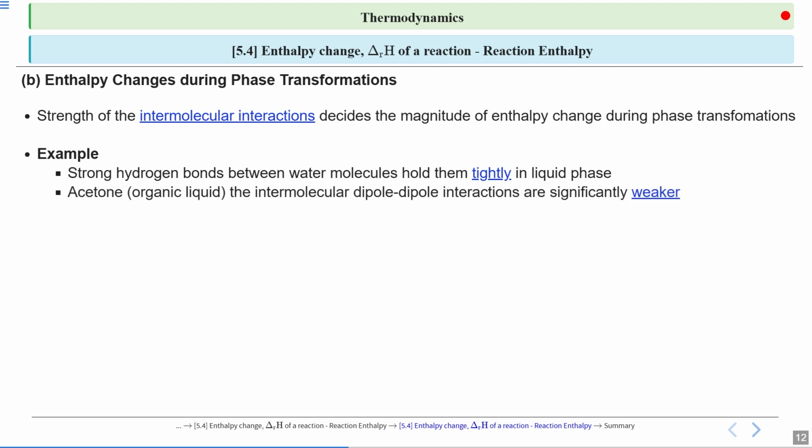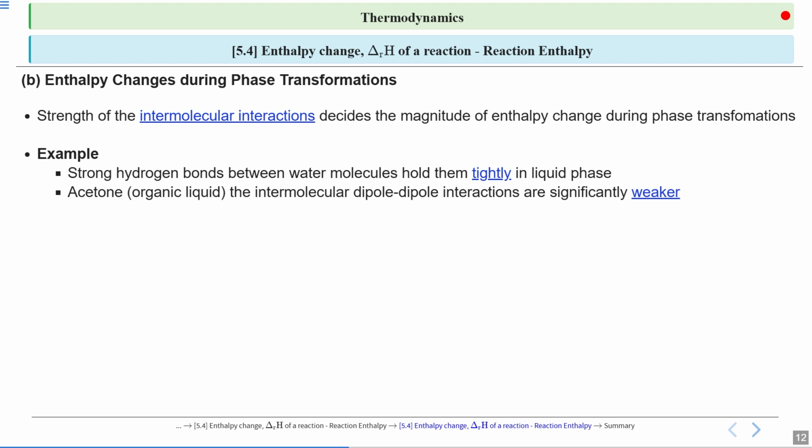Now, if you consider acetone, then acetone has no such kind of interaction. In acetone, we have the dipole-dipole interaction because acetone is a somewhat polar molecule, not a strong polar one, but a weaker one. So in this case, we have dipole-dipole interaction because of the electrostatic attraction between the positive and negative poles of two different acetone molecules.